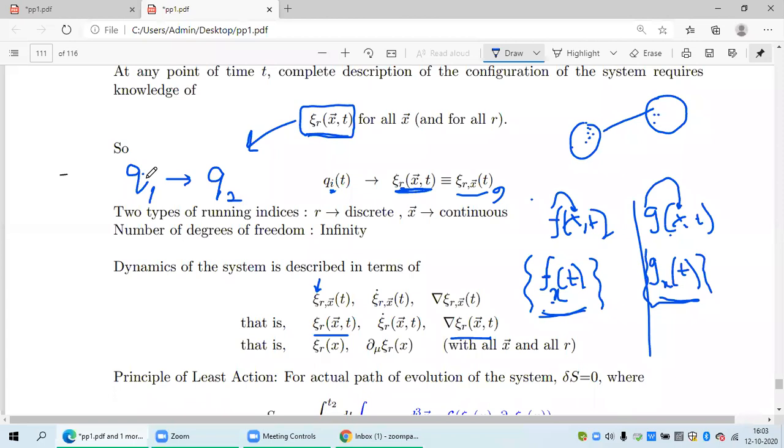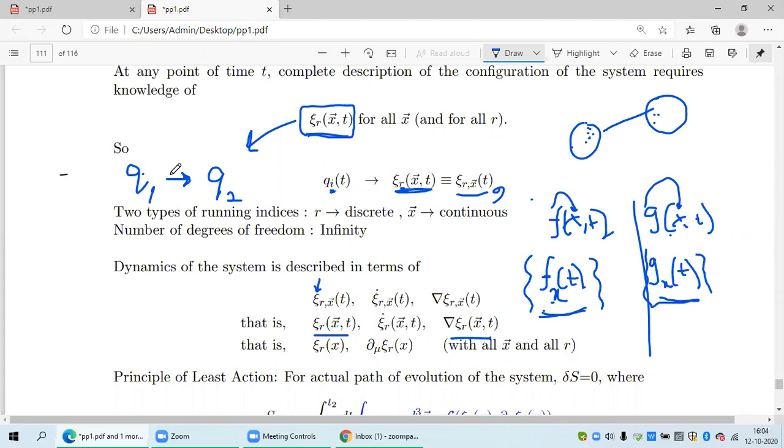If you just see the relation between these two generalized coordinates, they are just two independent coordinates associated with the configuration of the system.